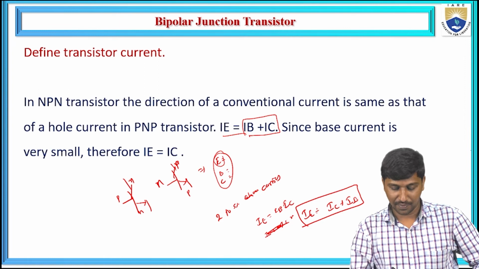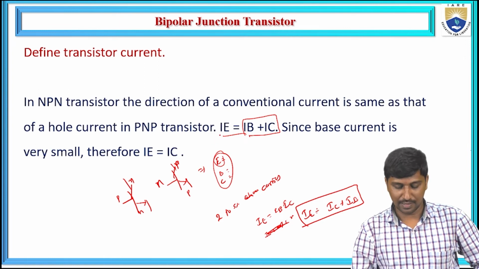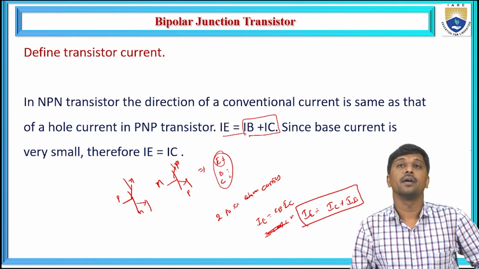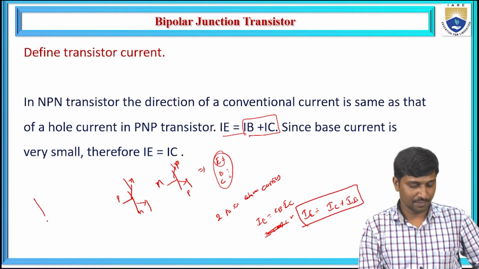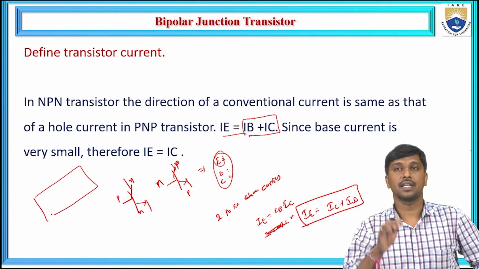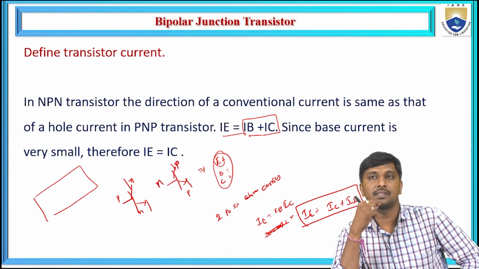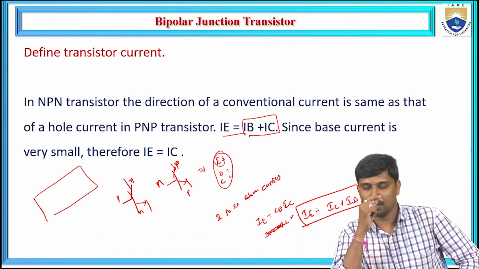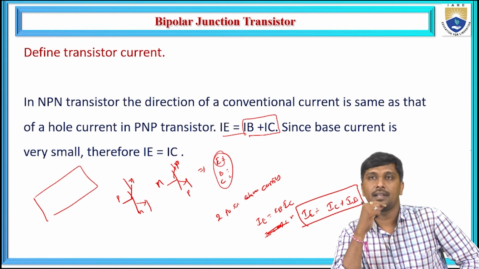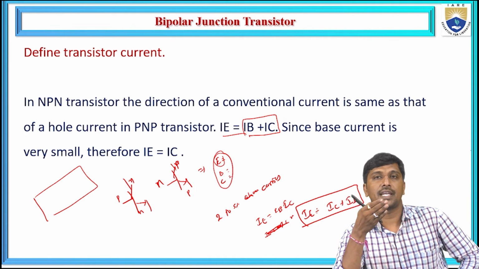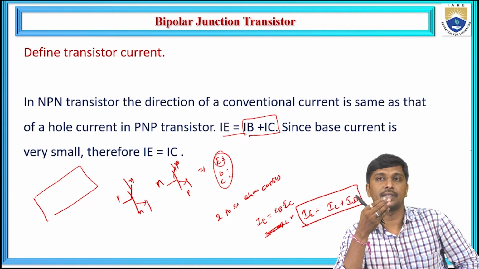So that is represented from the transistor construction. We are saying that only 10% of the charge carriers reach the base, and the remaining 90% of the charge carriers reach the collector.